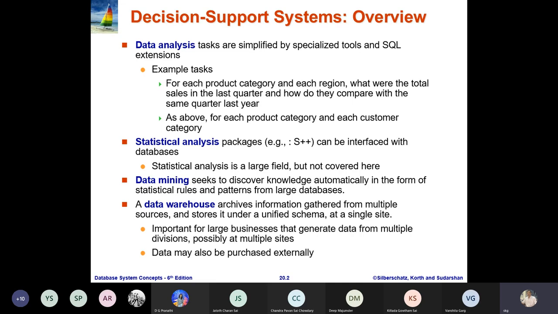Or even if we look at a chain like Walmart, or in our country Big Bazaar or Spencer's, at the management level, one of their motivations for analyzing these large databases may be how the sales are going overall or on a particular category of products, right?